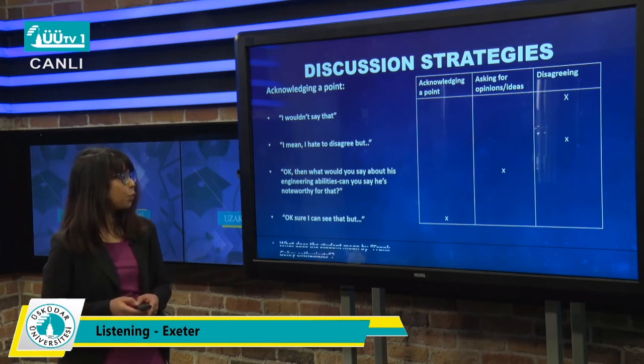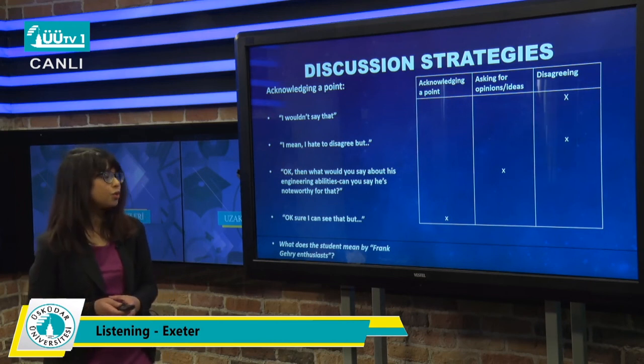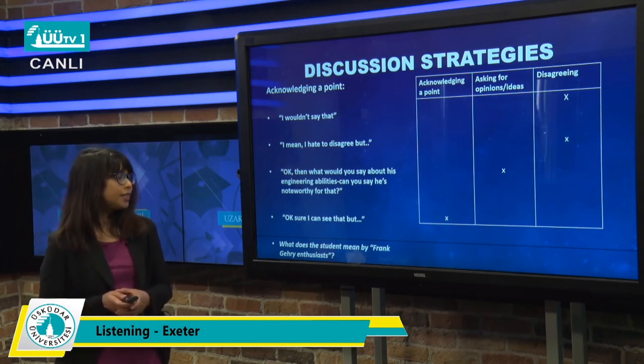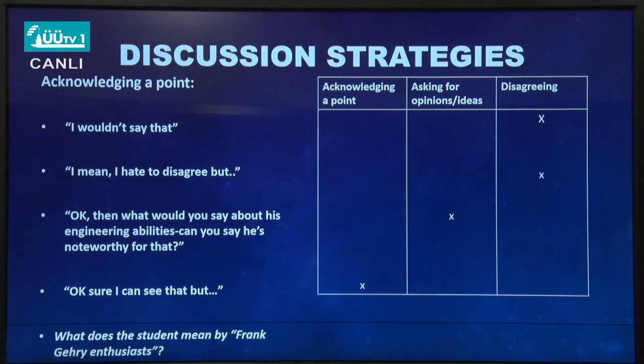Now, what does it mean, this lady, the female student, the last one who's talking, she said that we are the Frank Gehry enthusiasts. What does it mean by that? If you like something or someone, or you are a fan of somebody or something, you can also use enthusiast.